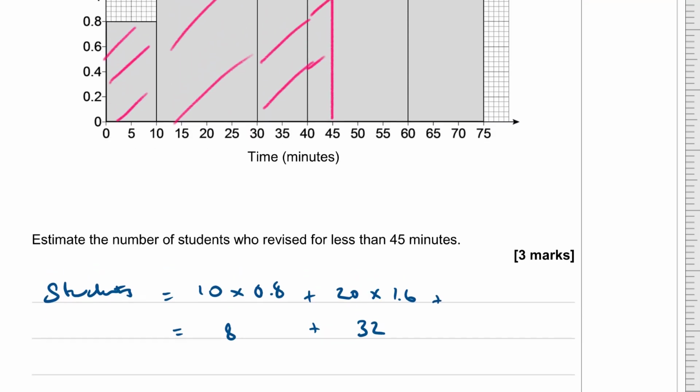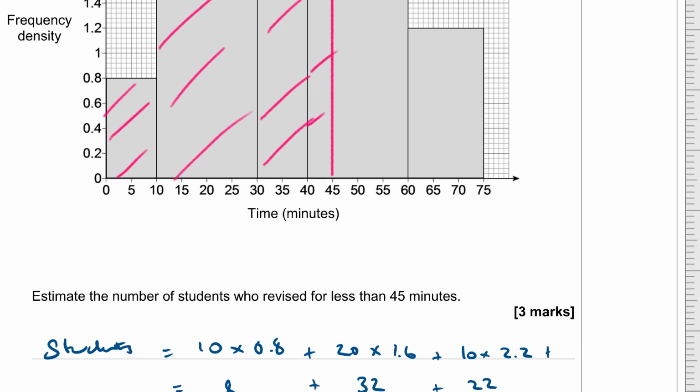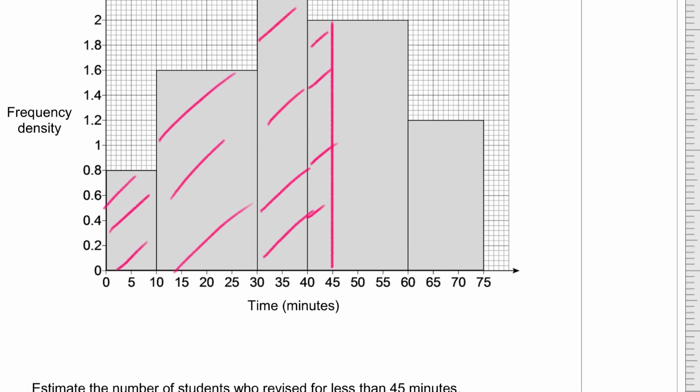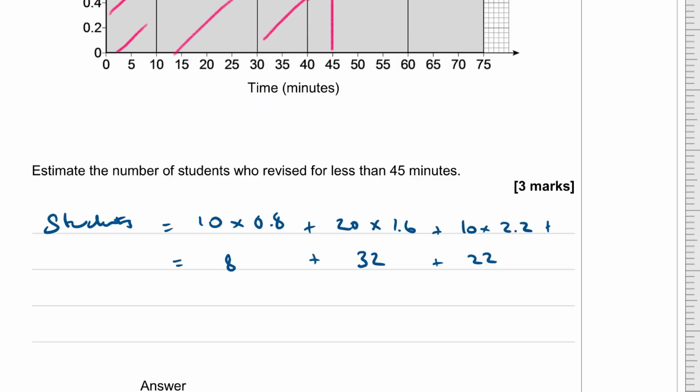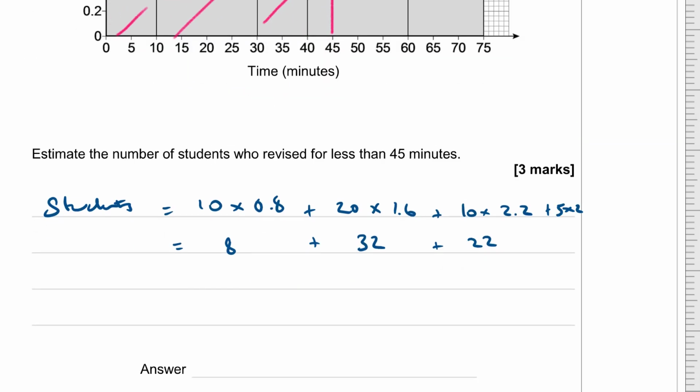So again, it's got a width of 10 and a height of 2.2. So that adds up to 22. And then our final bar, we're estimating the width is 5, and we're estimating the height to be 2. So it's going to be 5 times 2, which is 10. So adding all those up, 8 plus 32 is 40, plus 22 is 62, plus 10 is 72. So 72 students.